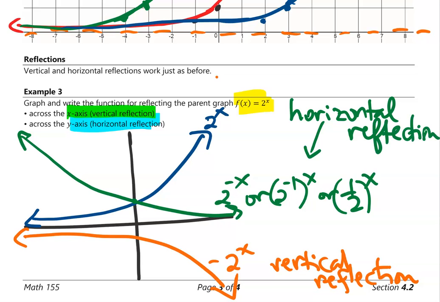Take note of all this, with the horizontal asymptote at y equals 0. Vertical reflection is negative 2 raised to x. The horizontal reflection is 2 raised to negative x, the same thing as 1/2 raised to x.